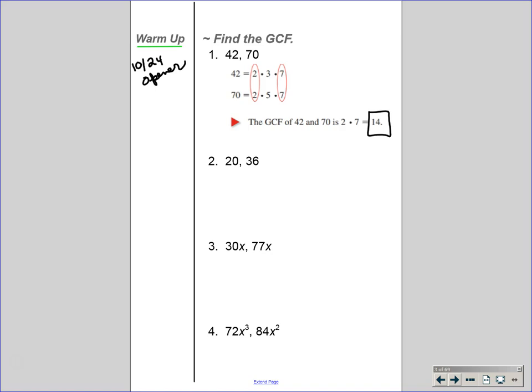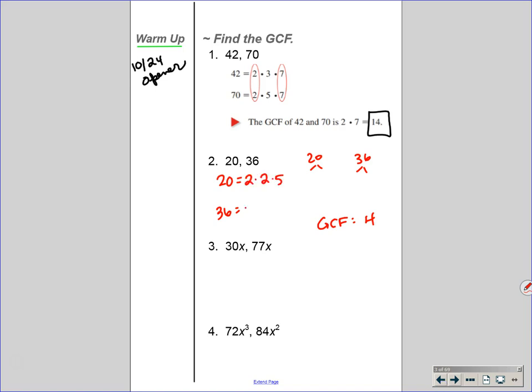Now, 20 and 36. Maybe you didn't need to actually write out all of the different factors, which you could have gotten by the factoring tree for each one. Does anybody know what the GCF is? You were trying this at the beginning of class, just off the top of your head. What's the answer? 4? 10 does not go into 36. If you were to break down 20, you would get 2 times 2 times 5.